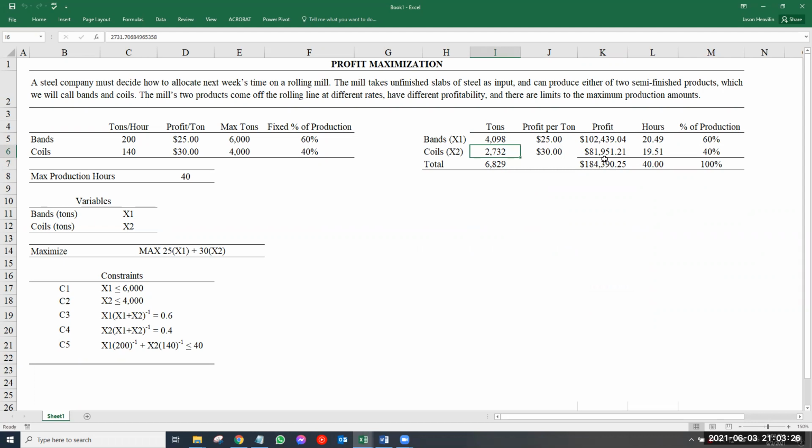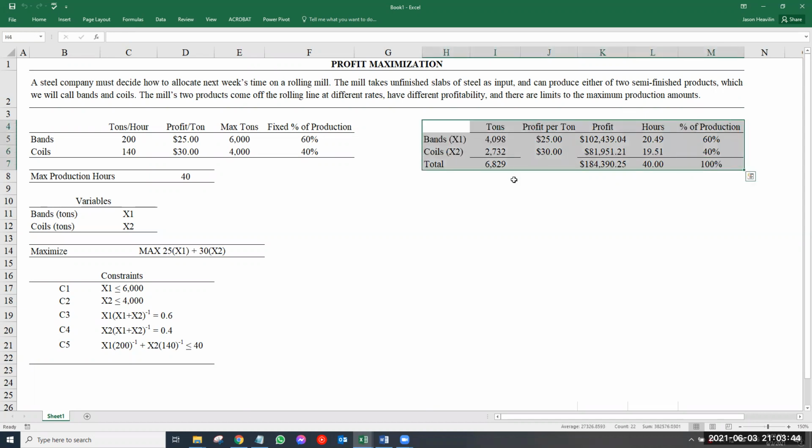And that will lead to the maximum profit possible. And you see the 40 hours were met. You didn't exceed them, and the 60 and 40% relationship was kept.